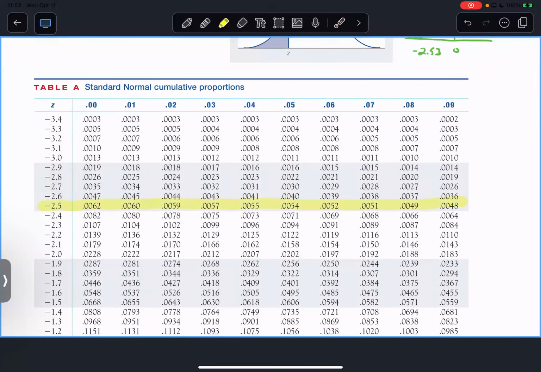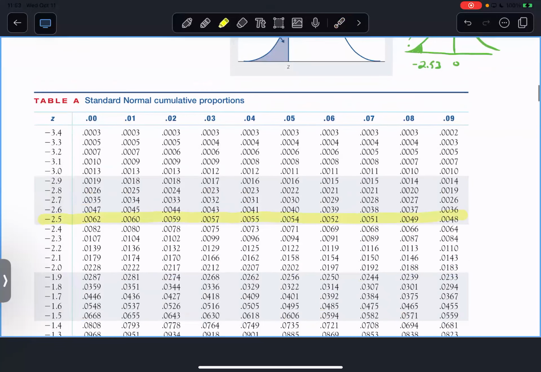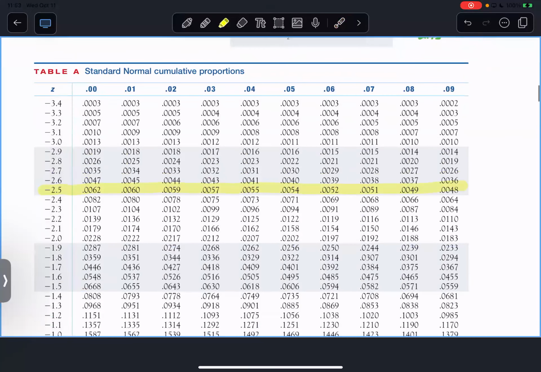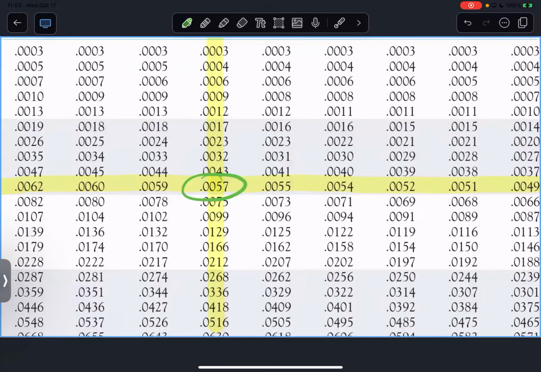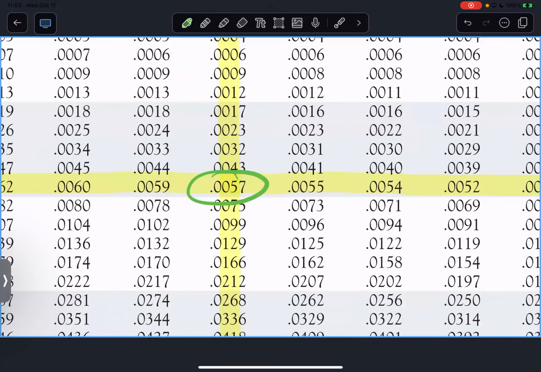And then the second decimal place was 3, which means that at the intersection here, and you should confirm on your table, they're the same, the area to the left is 0.0057, or the probability is 0.0057 of being less than that z-score.